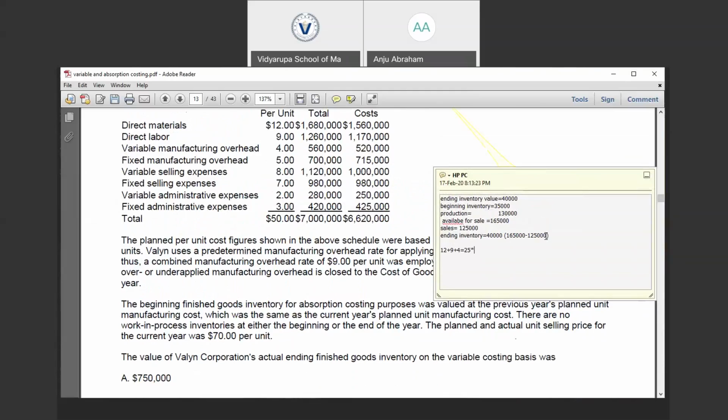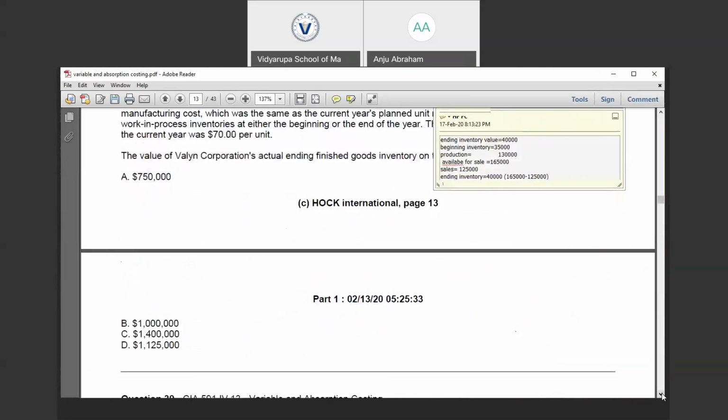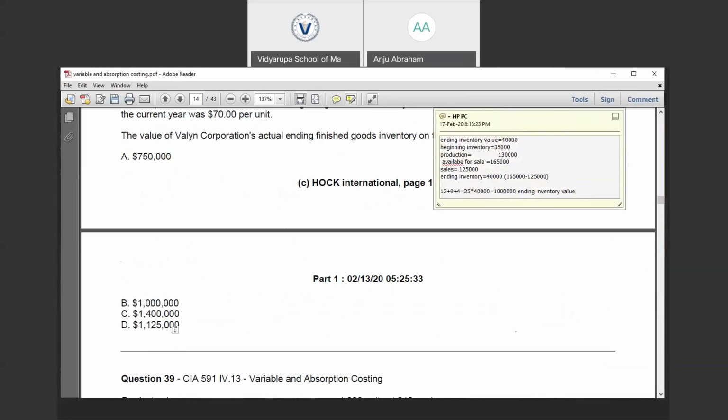This 25 into 40,000 equals 1 million, which is going to be the ending finished goods value. We will not add fixed manufacturing overhead as a part of the product cost if variable costing is used. So this ending inventory value is going to be 1 million. So option B gives the answer.